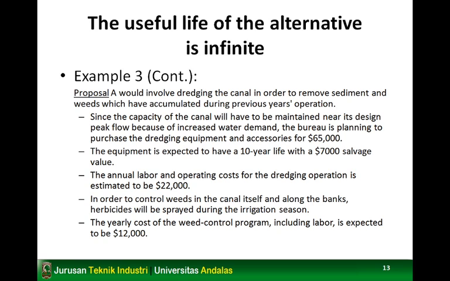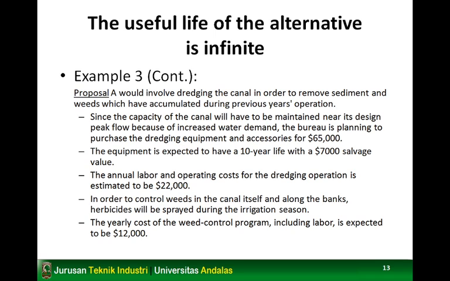So the equipment cost is 65,000. The life of the equipment is 10 years, and the salvage value of the equipment is 7,000. The annual labor cost is 22,000, and the yearly cost of the weed control program will be 12,000.